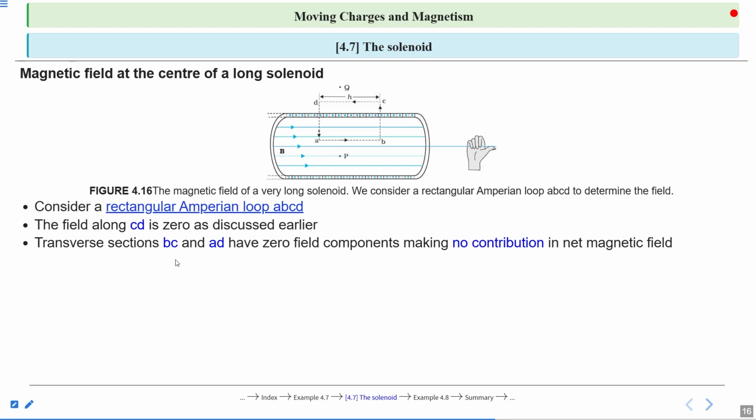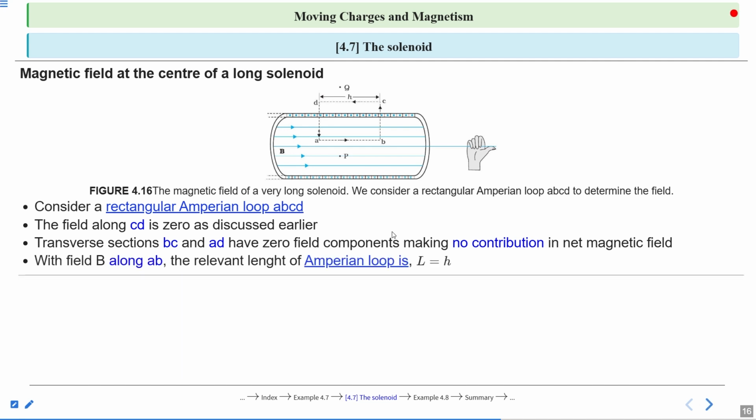So transverse sections BC and AD have zero field components along them, making no contribution to the net magnetic field. Along CD, the magnetic field is 0. Along BC and AD, the magnetic field is also 0, making no contribution to the net magnetic field.